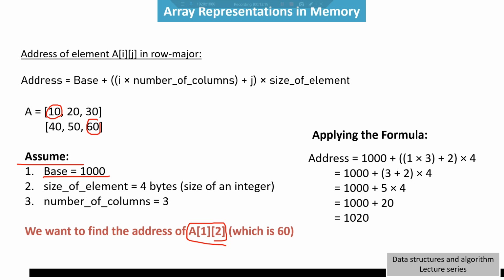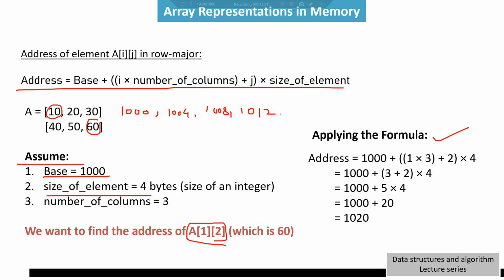You can use the formula, or the application of the formula is given over here, or you simply know that the size of element is 4 bytes if it is an integer. So you can directly write it down: the starting address is 1000, then next will be 1004, then 1008, right? Then the address of 40 will be 1012, the address of 50 will be 1016, and lastly the address of 60 will be 1020.